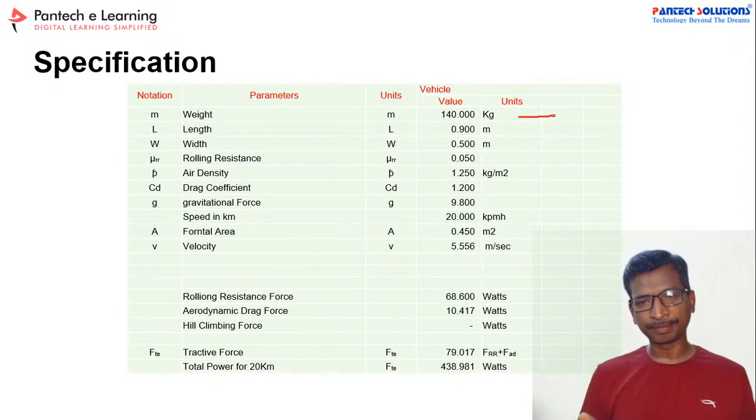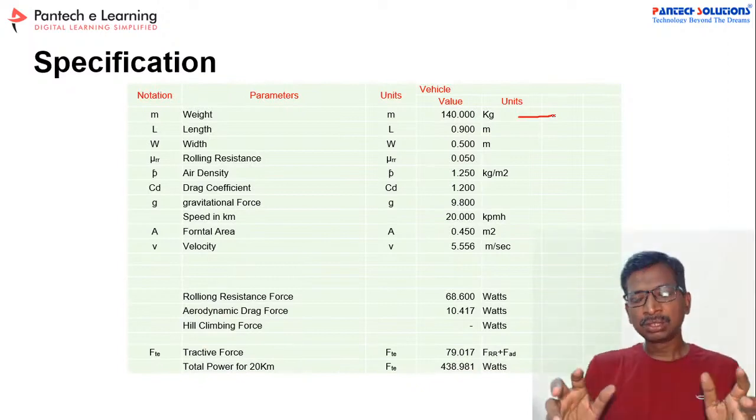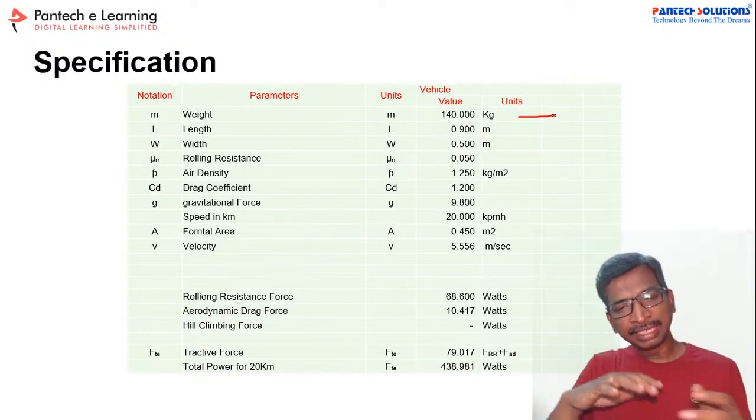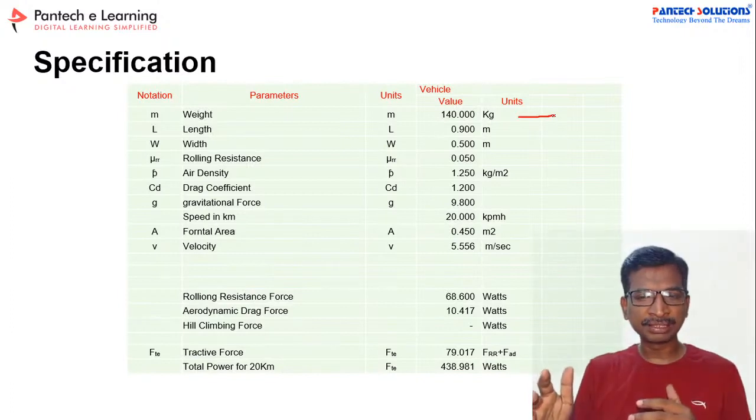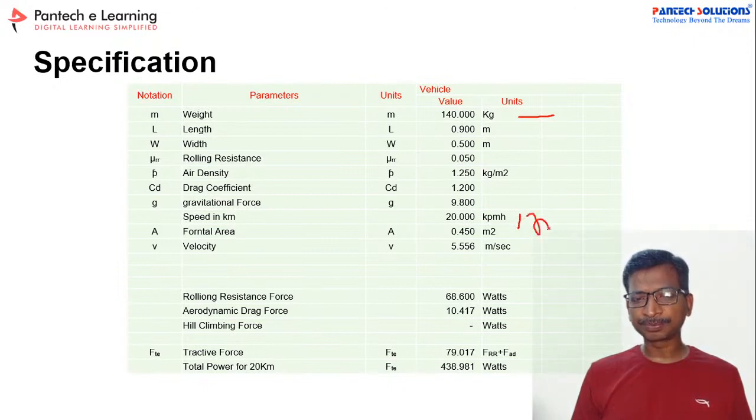Similarly, the drag coefficient we can keep high, because it's not an aerodynamic design. That is an entirely different concept, the aerodynamic design center, right? And the speed of the vehicle I took about 20 km per hour, or sometimes we can have 25 km per hour. So 25 km per hour, right?